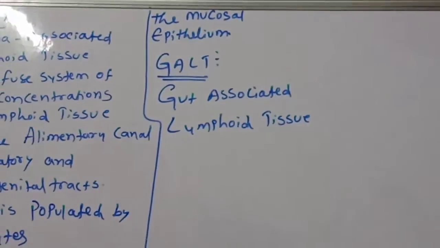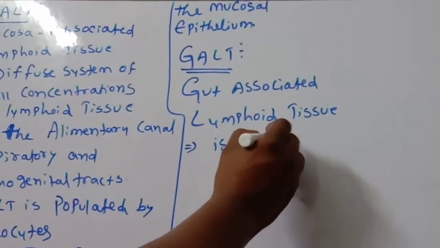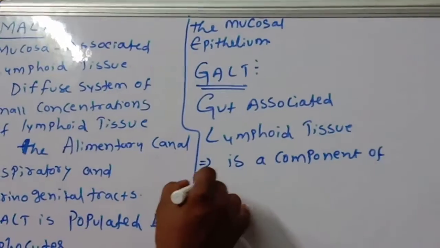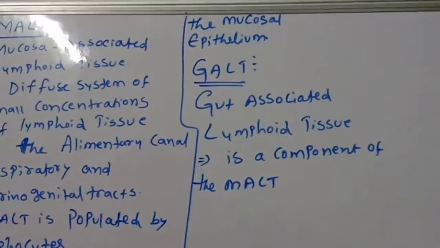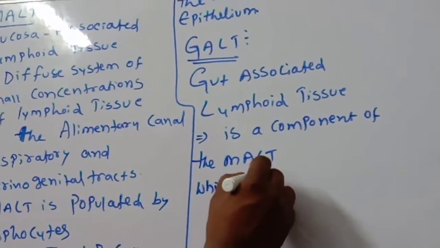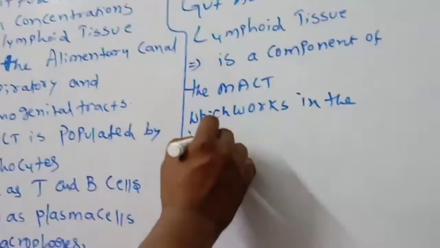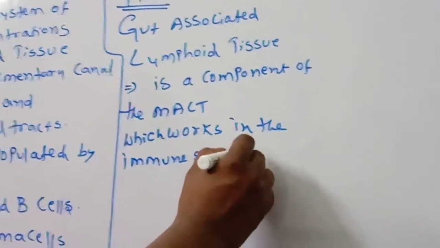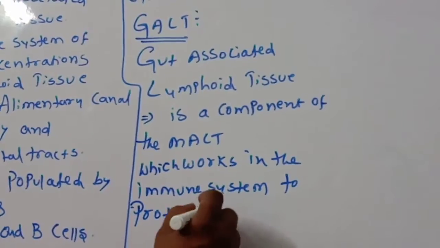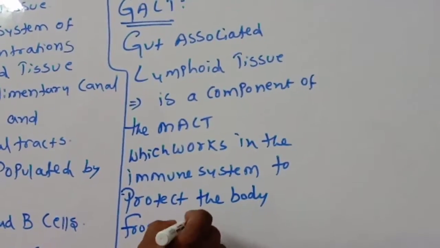GALT is a component of the MALT which works in the immune system to protect the body from invasion in the gut.